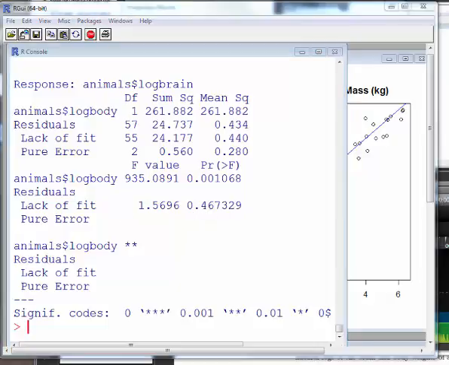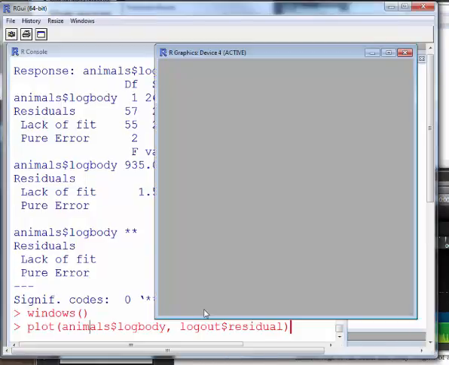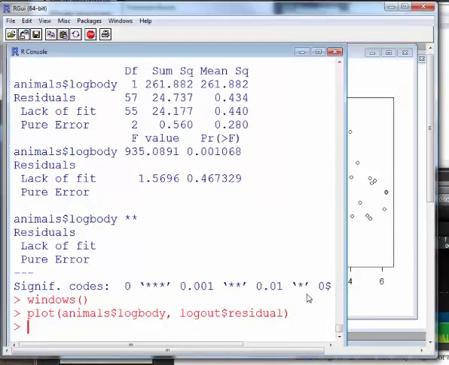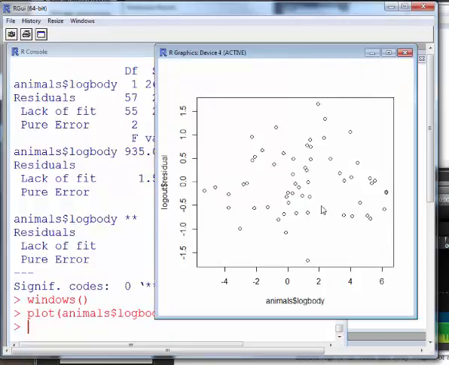Let's get a new window and plot the residuals from the log plot against the logs of the body masses. Just eyeballing this, this one may be a little out of the ordinary, and maybe this one is too, but it doesn't appear that there's any non-normality or non-constant variance or real overall trend there.